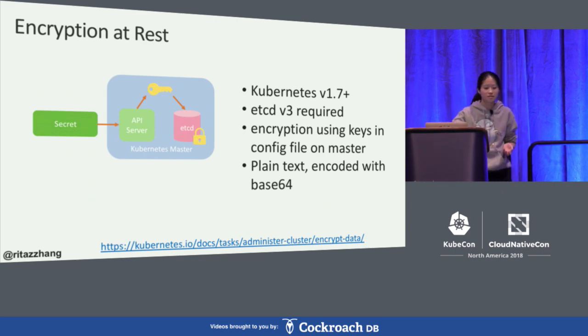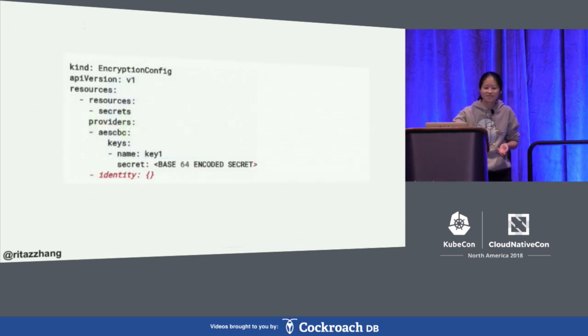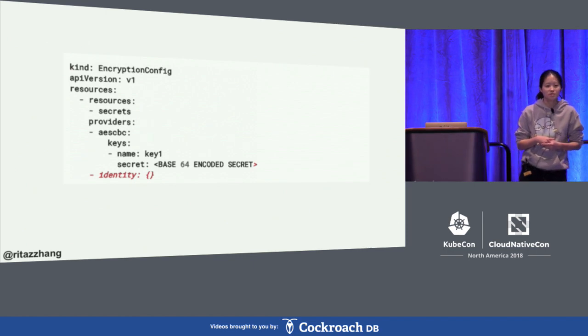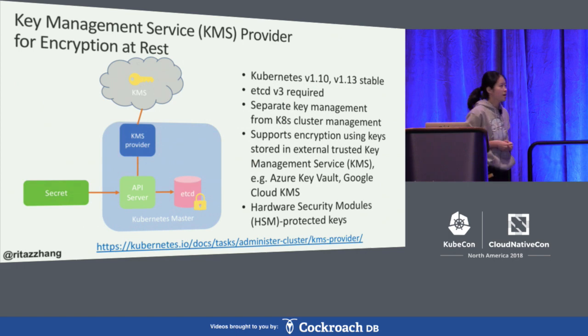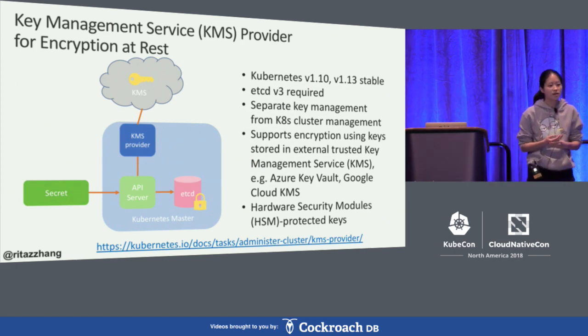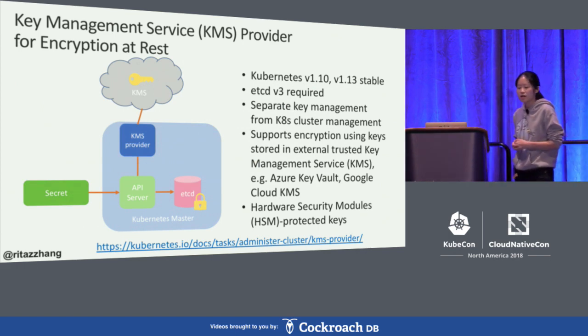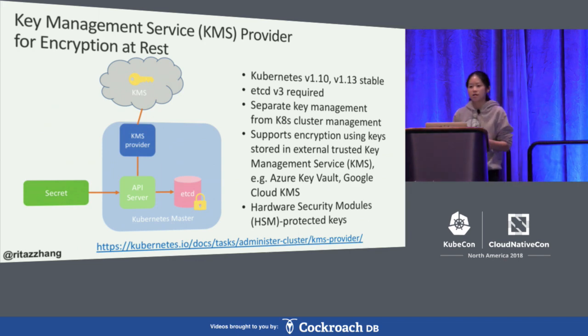And the reason for that is, again, this config file sits on a master node somewhere, and it's, again, base64 encoded. So it's not quite the final solution that we wanted, because ultimately it is still on the file system and not very secure. So come 1.10, the community said, okay, let's take the best part of key management services out there on the market, and let's leverage that.